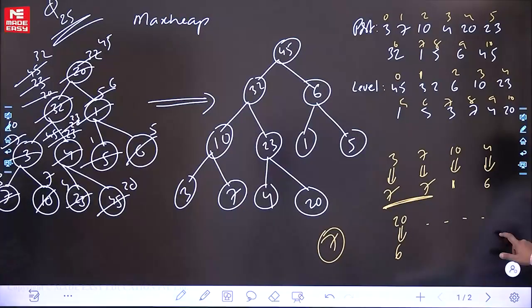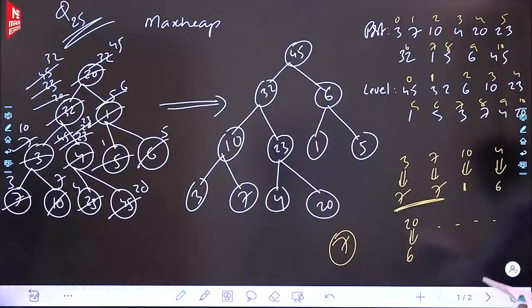Now see question number 25. If you see clearly, one array is given. To that array, you have to create a max heap. But the interesting thing is, these numbers were inserted into the max heap in the given order.